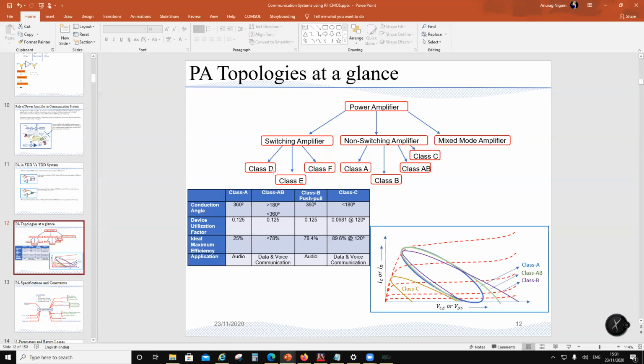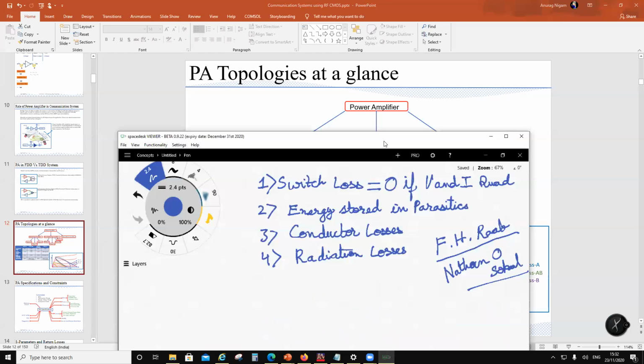All these switching amplifiers ideally can give you efficiency of 100%, because you are going to minimize all these losses. Now, how easy is it to design one of these, and where are they used?